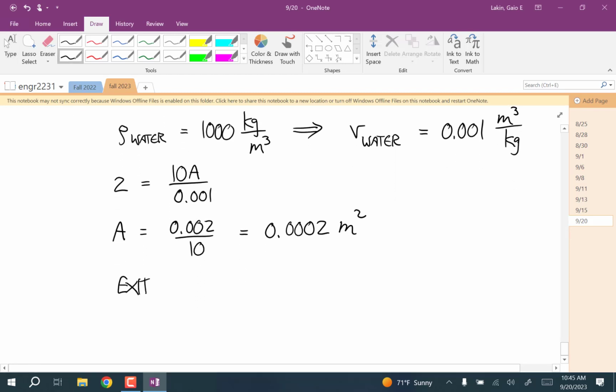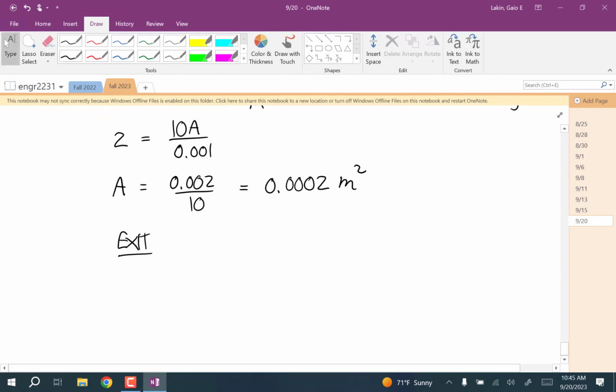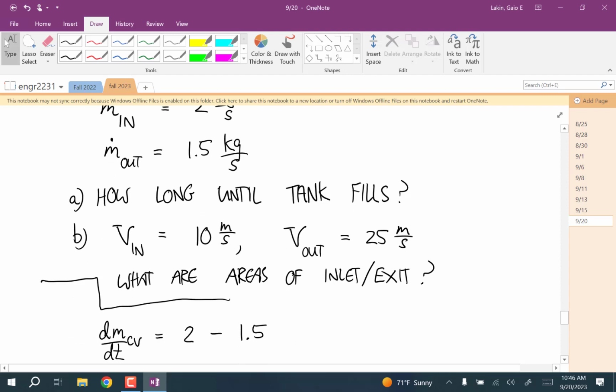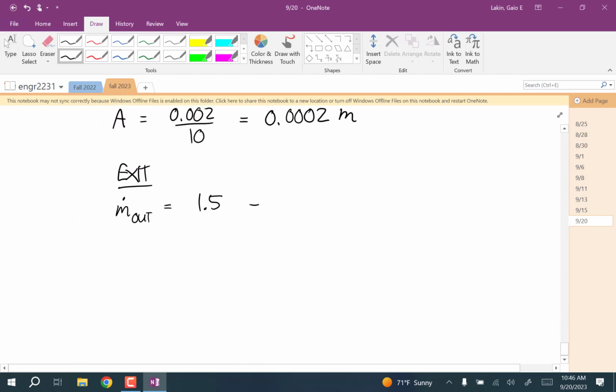Same thing at the exit. M dot at the exit is equal to 1.5. That is going 25 meters per second. So this is equal to the area at the exit times 25 divided by 0.001.